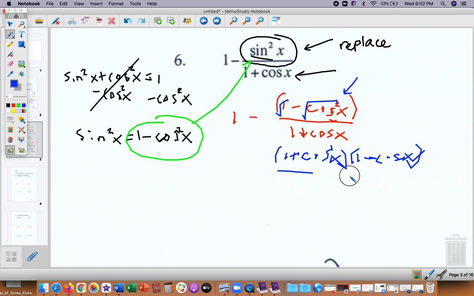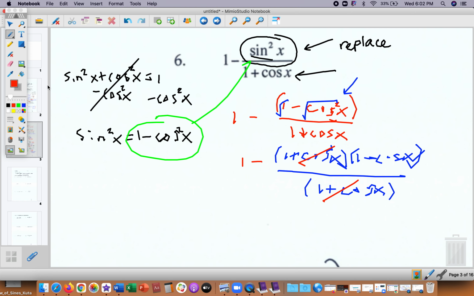And then in the denominator, you have quantity 1 plus cos x. Now, in the numerator and denominator, we have quantity 1 plus cos, so that cancels.